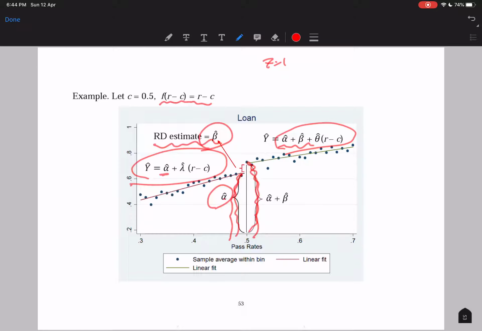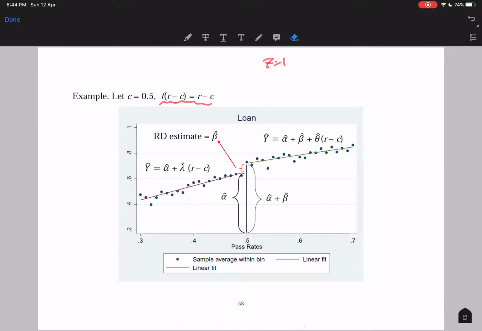So basically, let me repeat again. We fit a straight line because we use a linear function. We fit a straight line above the cutoff, that's z equals 1, and we fit another straight line below the cutoff, z equals 0.